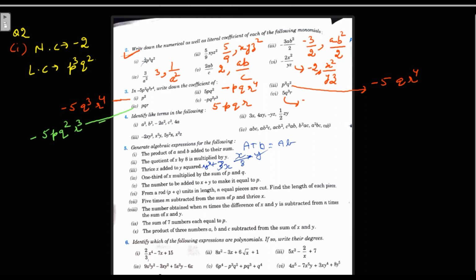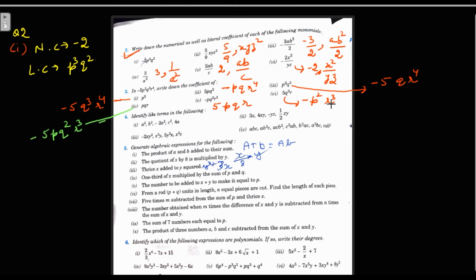The remaining would be minus p, as 5 is here, q raised to power 3 r is here, so it will be taken off. So minus p square and r cube will be your answer, right?